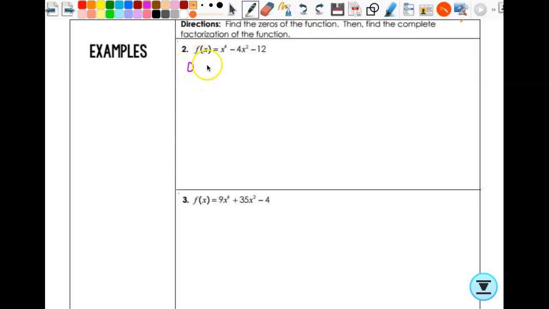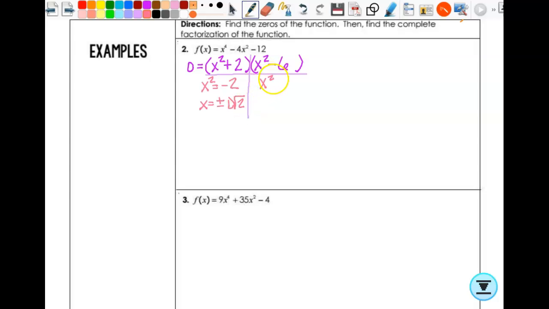So let's find our zeros again. So 0 equals, this can be x squared and x squared. 12 is negative, so it's plus and minus. Plus 2, minus 6. Right? We said we can't factor anymore, so then we found our zeros. We got that x squared equals negative 2, so x equals plus or minus i times the square root of 2.